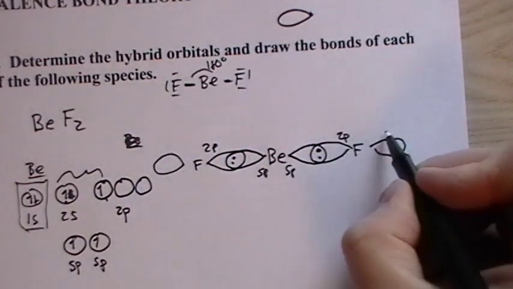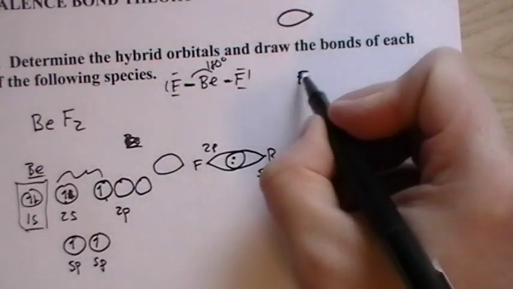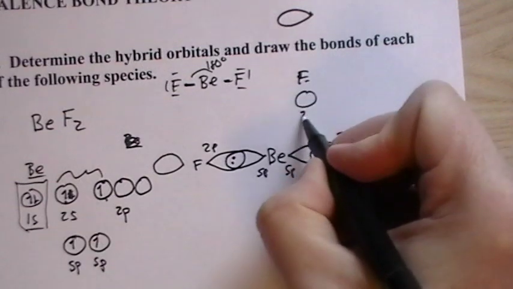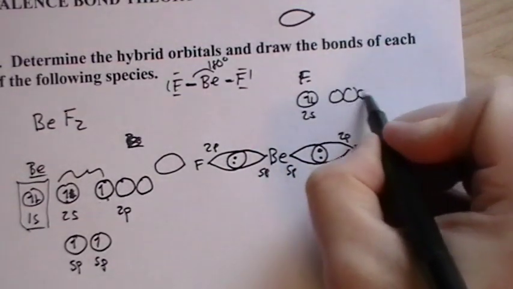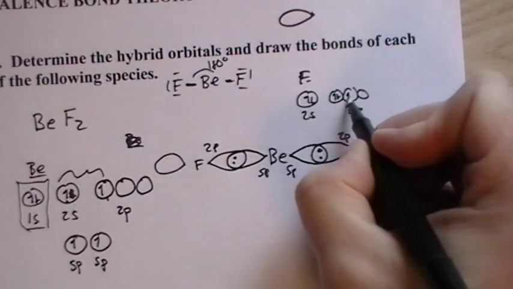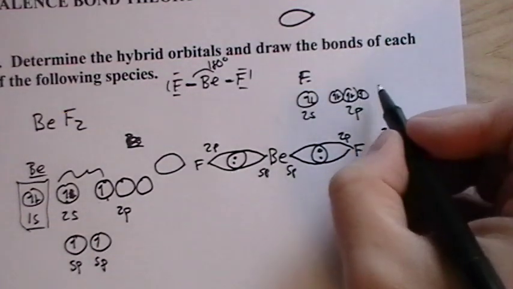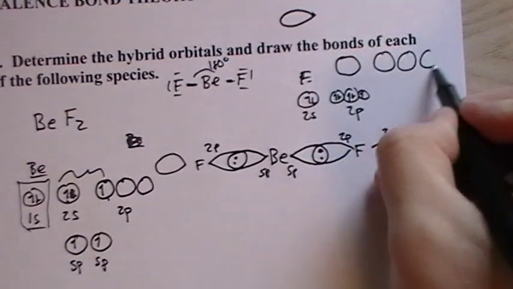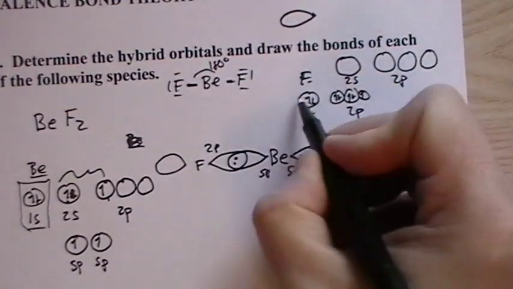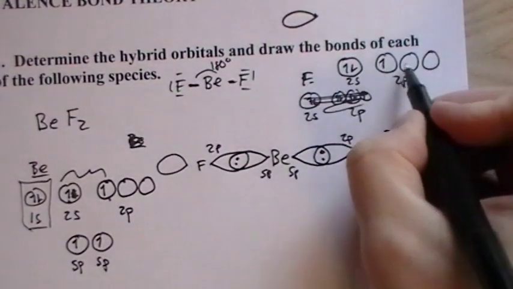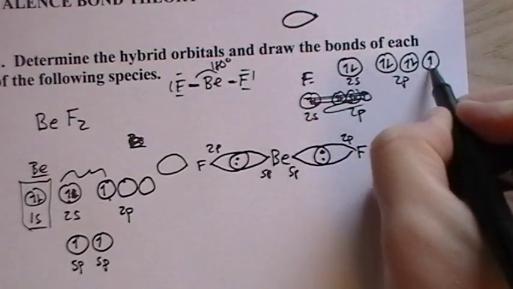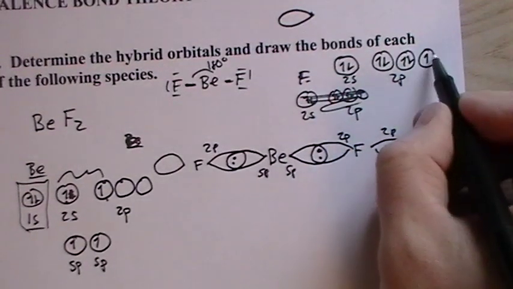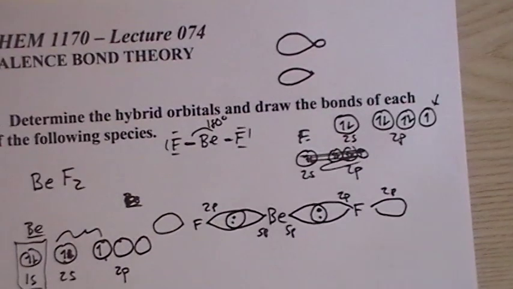So for fluorine we'd have its 2s, and then it has one 2p orbital that is half filled, so that one would be ready for bonding.